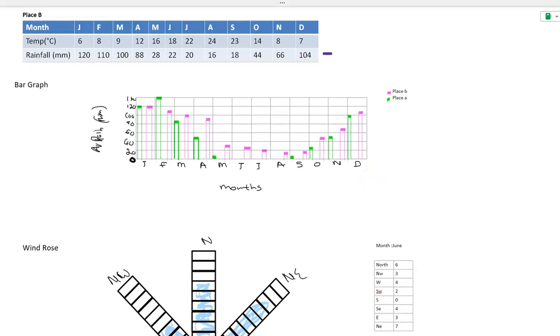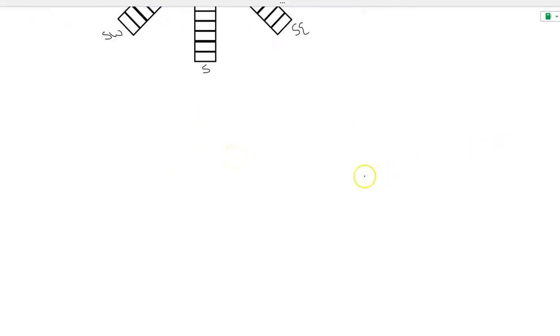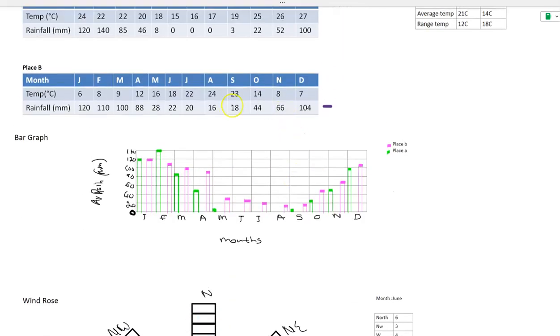So for the year of 2024, you need to find the temperature, the rainfall, and the wind direction for Windhoek in 2024.